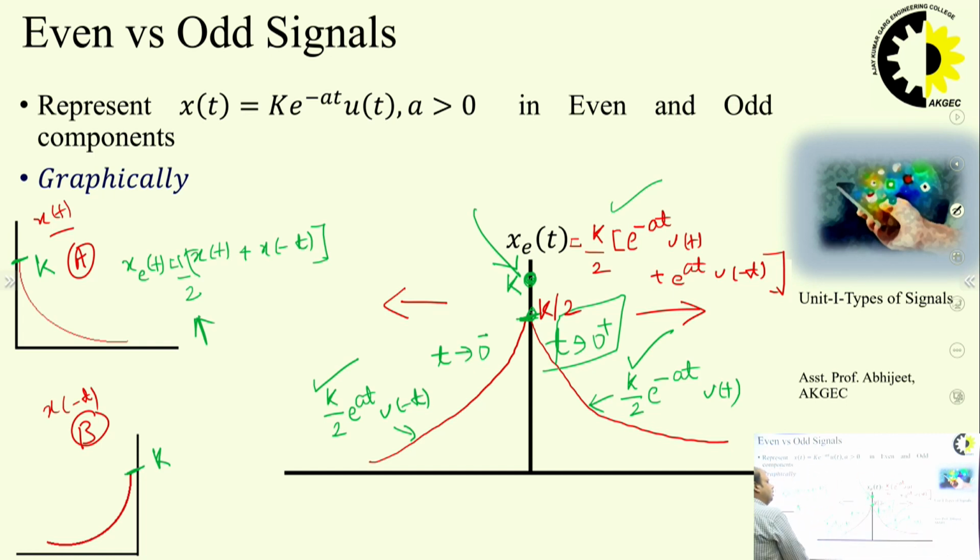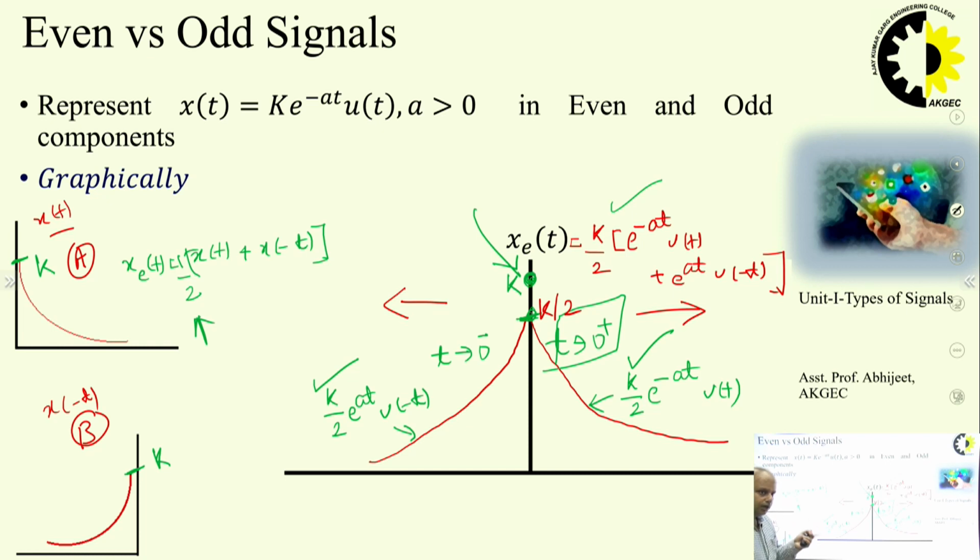That is fine. What happens at t is equal to 0? At t is equal to 0, the a has an amplitude of k, the b has an amplitude of k, and the formulation has a half. So at exactly t is equal to 0, we have k plus k by 2, which means the magnitude of the sum signal, the even component of the signal, is bound to be k at t is equal to 0.